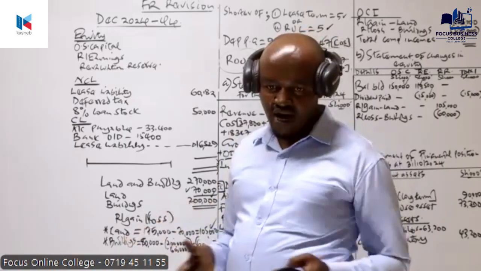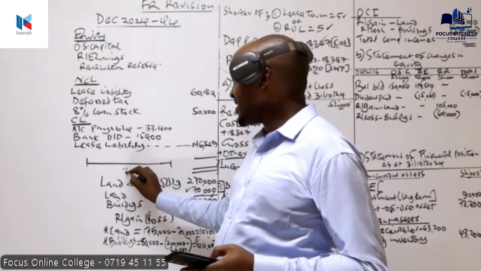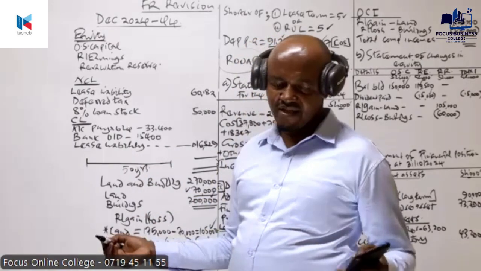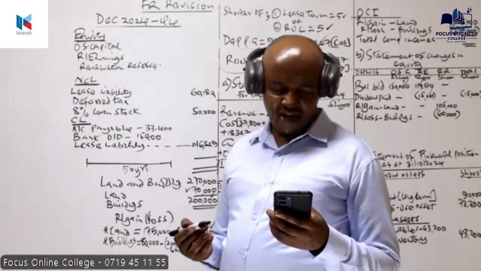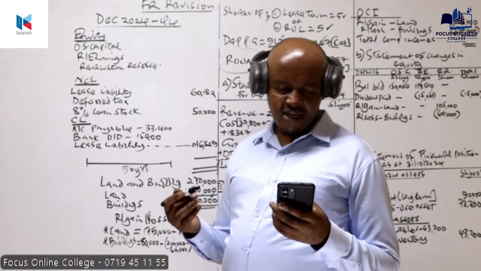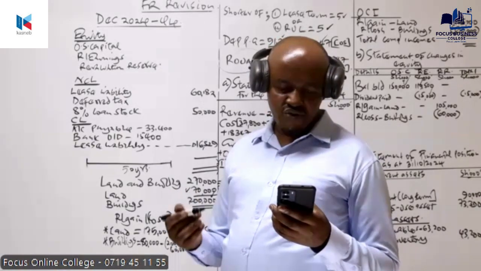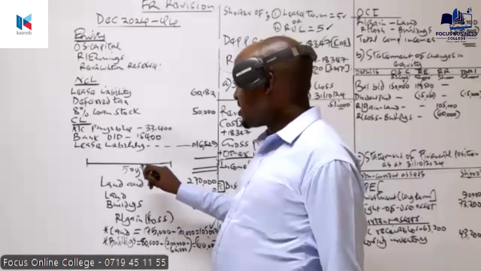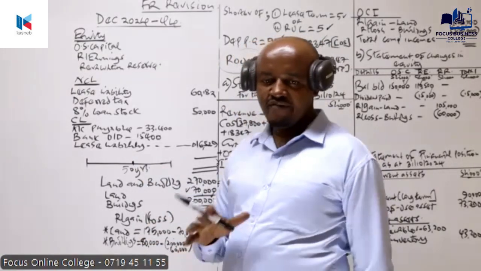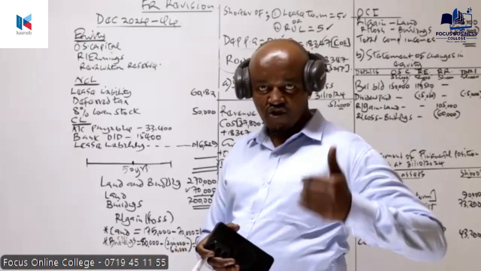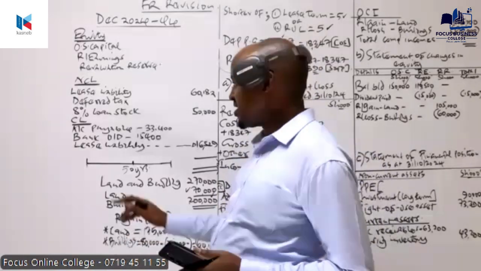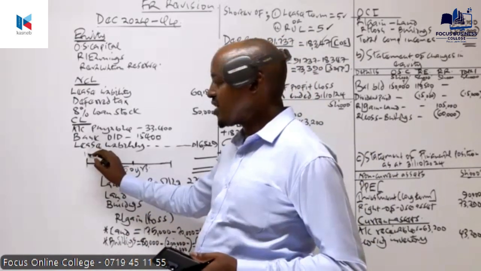So when these buildings were acquired, the company estimated that the useful life would be 50 years. However, the revaluation did not change the useful life of the building. It basically means that from the date the buildings were revalued, we are going to compute the depreciation based on the remaining useful life. So remember, these buildings and land were acquired back in 2008.